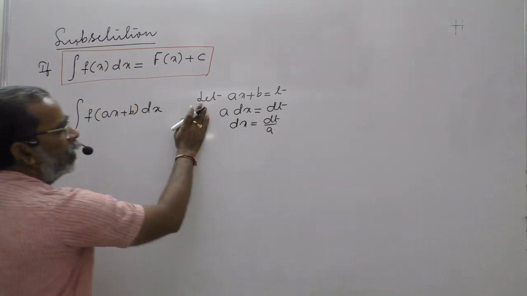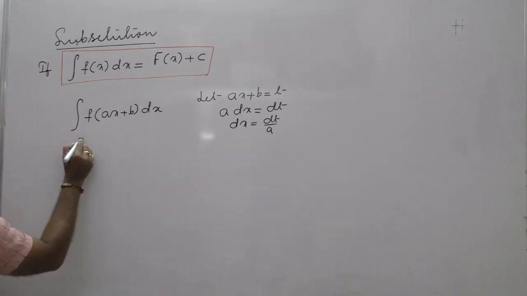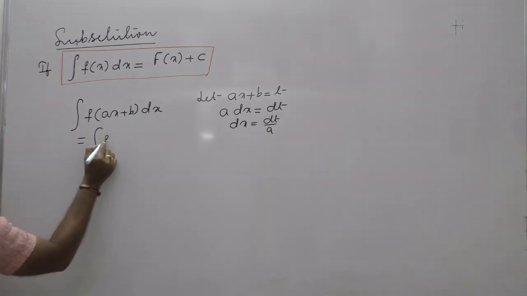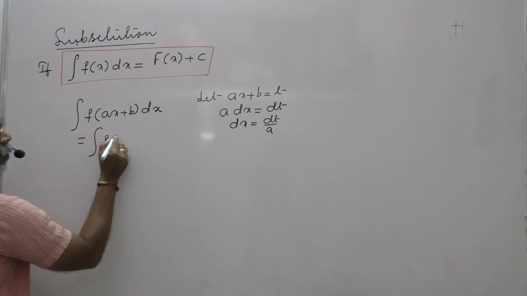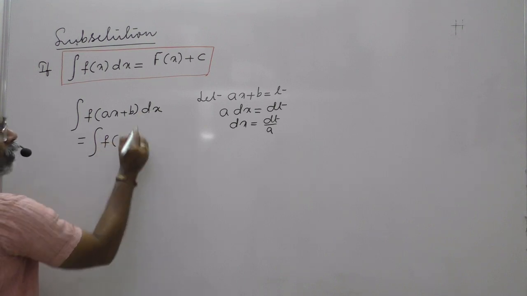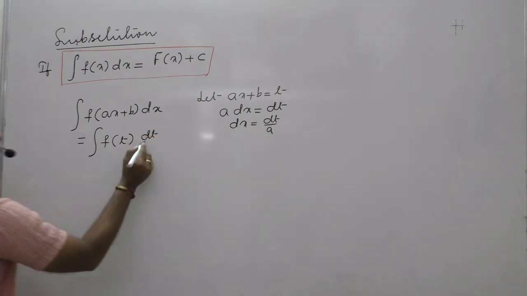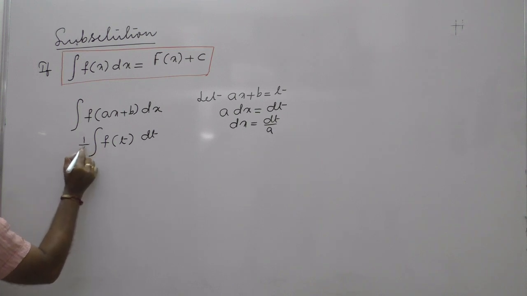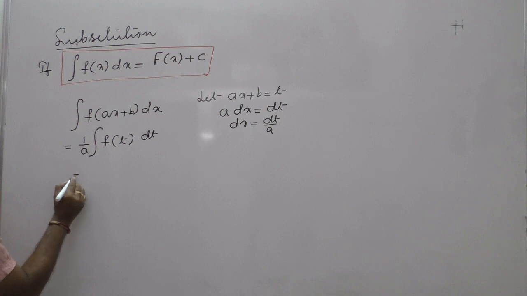By taking this substitution, this integral becomes the integral of f of t, since I have taken ax plus b as t, a single variable. What is dx? dx is dt by a. Since a is constant, I can place it outside the integral as a coefficient.